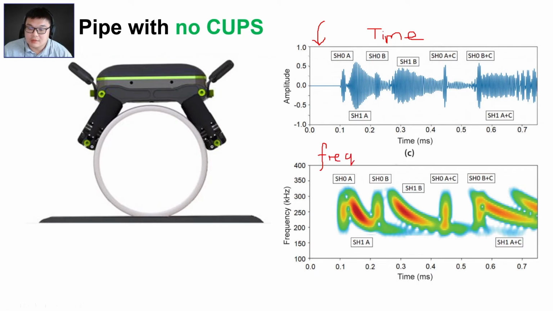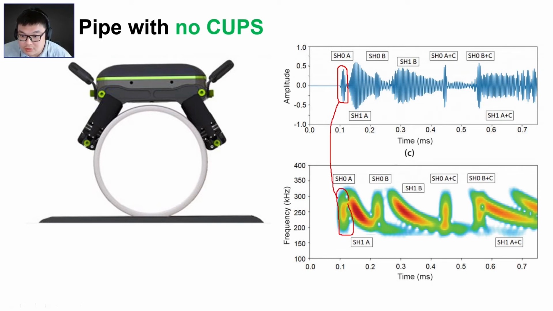Here we have a plot of frequency against time or distance, and we are seeing the frequency components, or spectrum, of each of these individual guided wave modes. Here we can see the SH0 from the A path, and the SH1 from the A path, and so on.